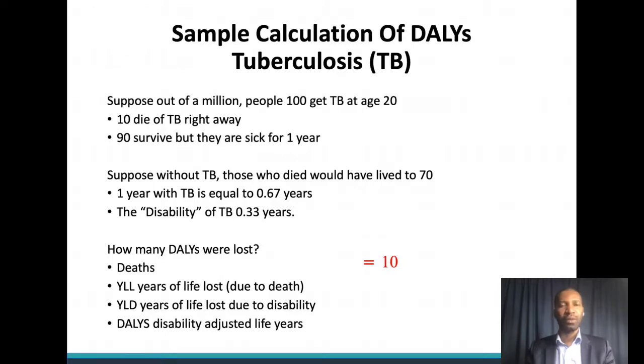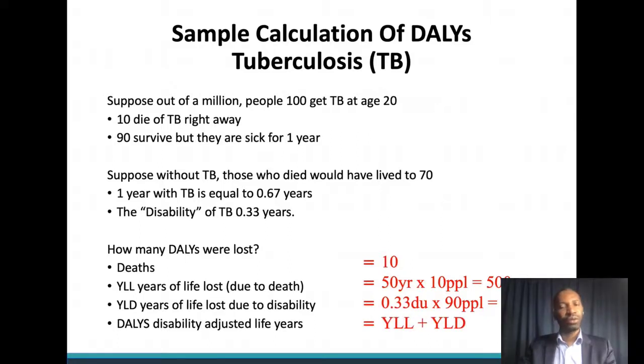Well, we know that 10 people died. The YLL, years of life lost due to death, was 50 years times 10 people, so that is 500 years. And the YLD, years lost due to disability, was 0.33 times 90 people, so that is 30 years.